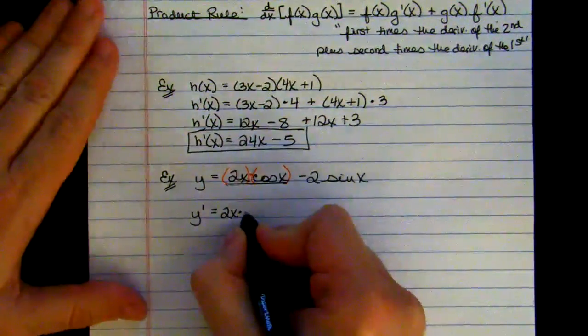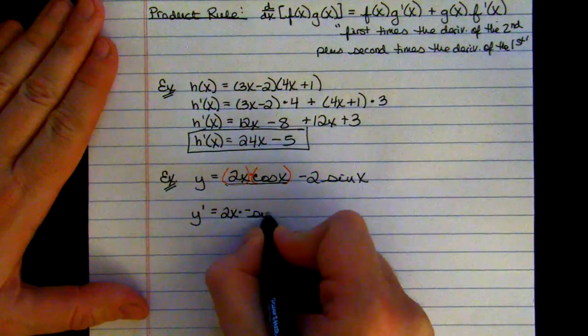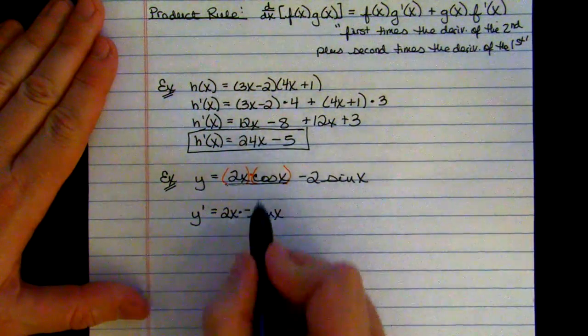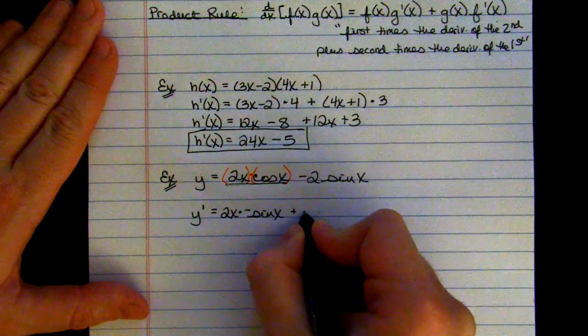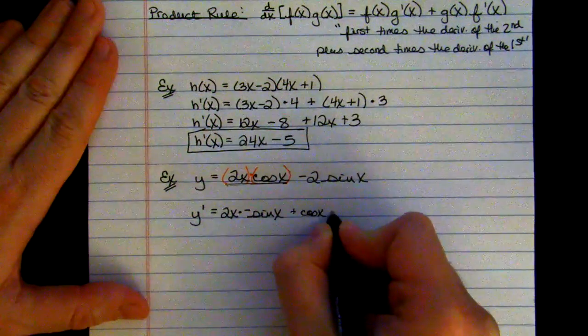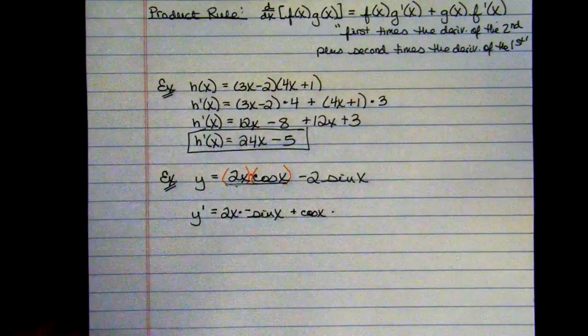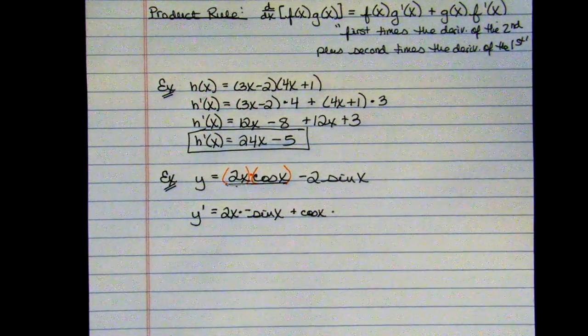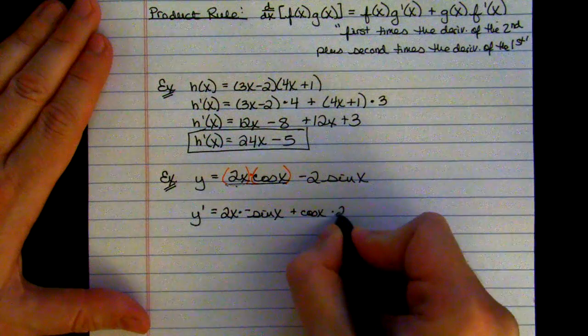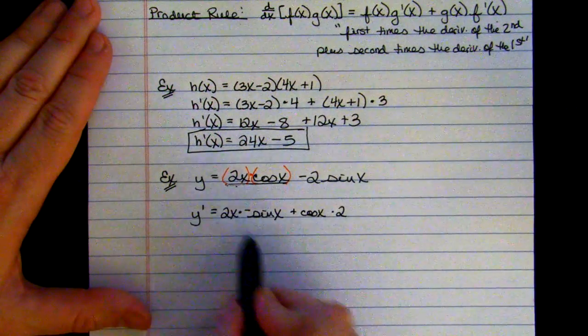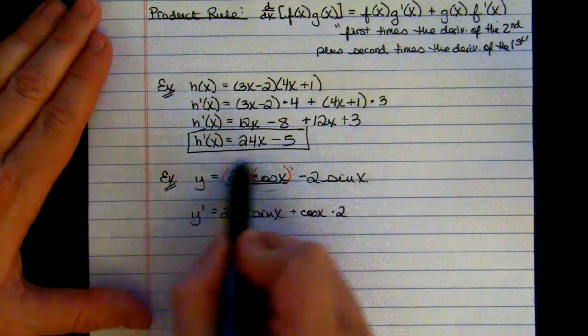I hope you didn't say sine x, I hope you said negative sine x. Plus second, that's cosine x, times the derivative of the first, derivative of 2x is, your turn again, is 2. And I've used my product rule on this piece over here.